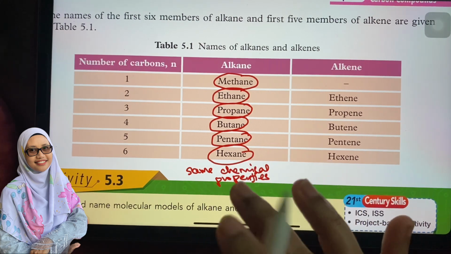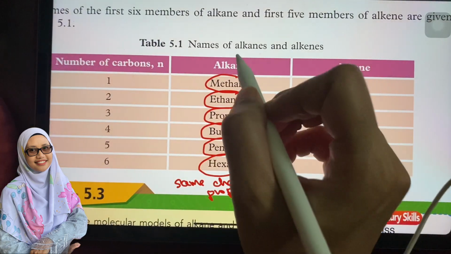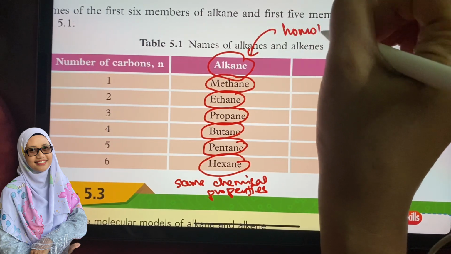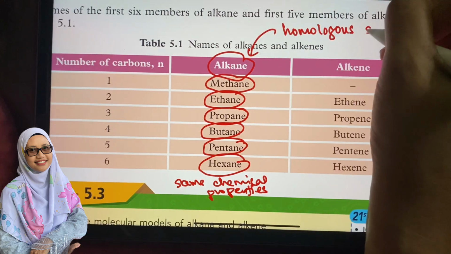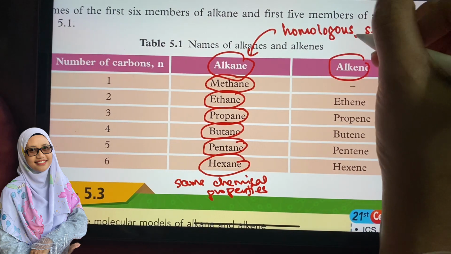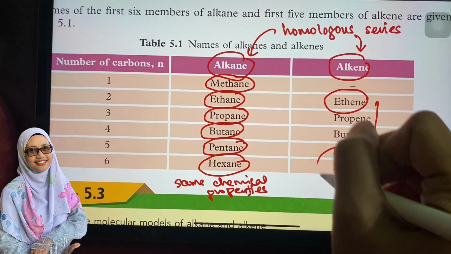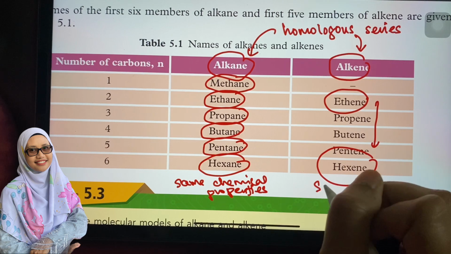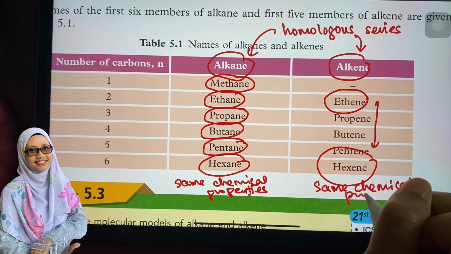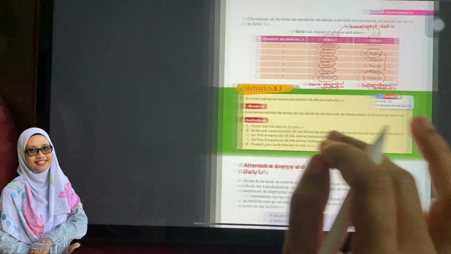Because they belong to the same homologous series, the homologous series alkane. Alkene is another homologous series. So from ethene to hexene, they have the same chemical properties. So this is roughly it. Now we go back to this.